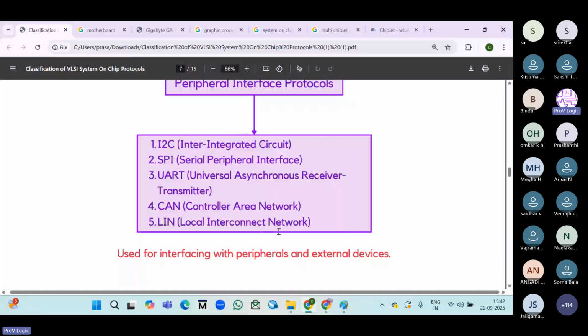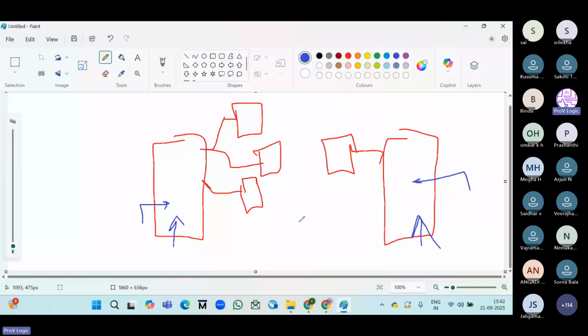Okay, the I2C protocol is multi-master, single slave, or even multi-slave we can connect. Multi-master means what? This microcontroller is one master, this microcontroller is the second master, and there is a third microcontroller, third master, and a fourth microcontroller, fourth master. That means one is for washing, one is for spin, one is for dry, like that.